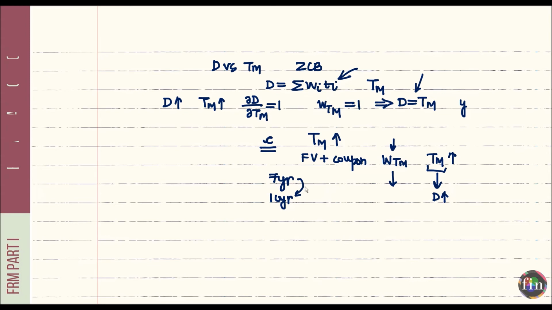But what you have also done is that you have included additional cash flows, coupons which happen at 7.5, 8, 8.5, 9, 9.5. These are additional coupons which have now been introduced, right? Now, these additional coupons would have a similar impact which our analysis of D versus C brought out, right?